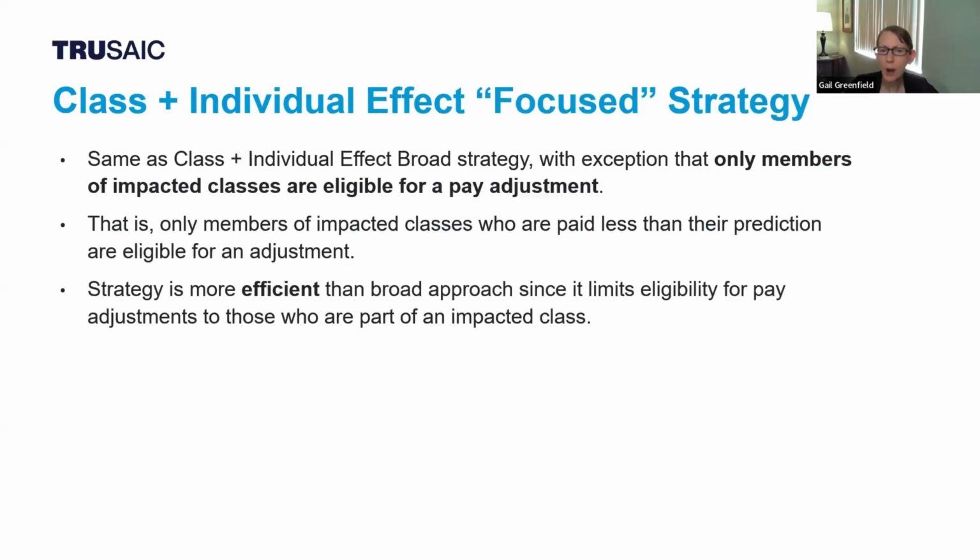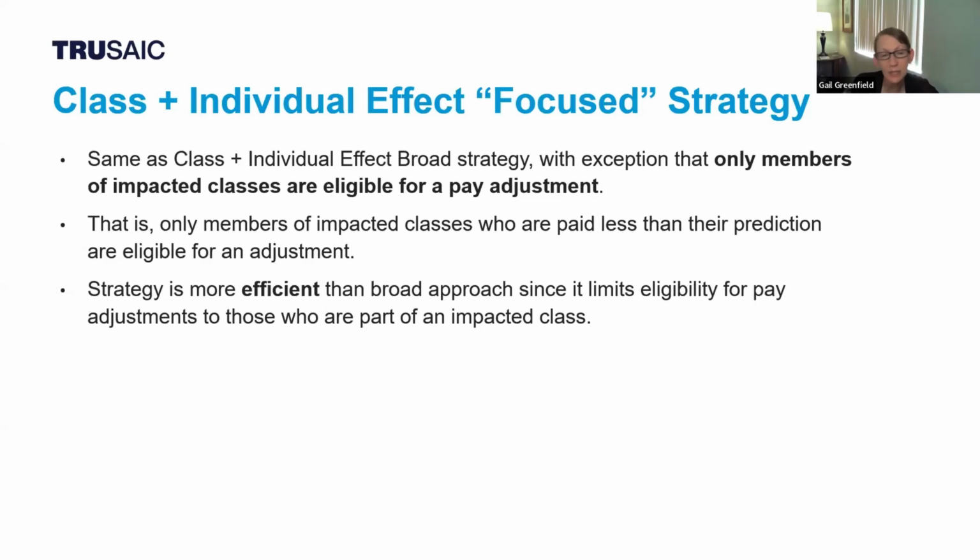But the primary drawback of this strategy is that pay adjustments tend to be larger, which may result in higher remediation costs. The reason for that is that under a class effect strategy, we're just addressing the class effect. So if there's a 2% or 3% pay disparity, then everybody in that demographic class will receive a 2 or 3% adjustment. Whereas with a class plus individual focus strategy, we're giving people adjustments based on how far they are from their predicted pay.